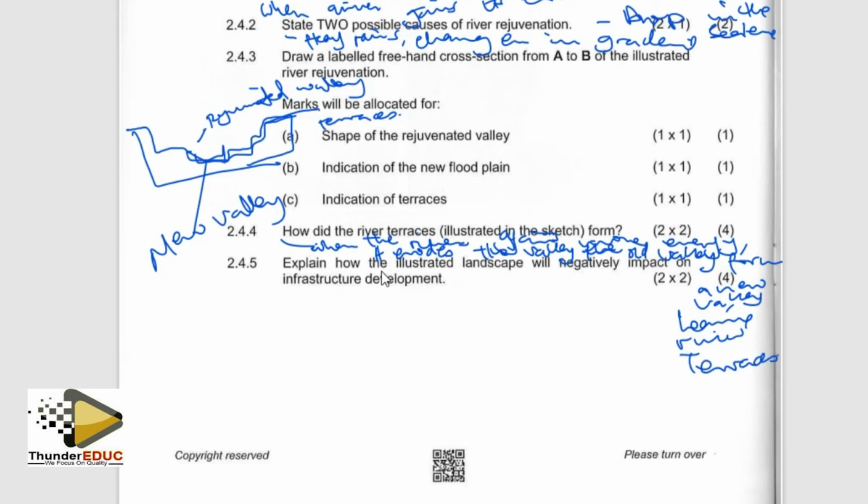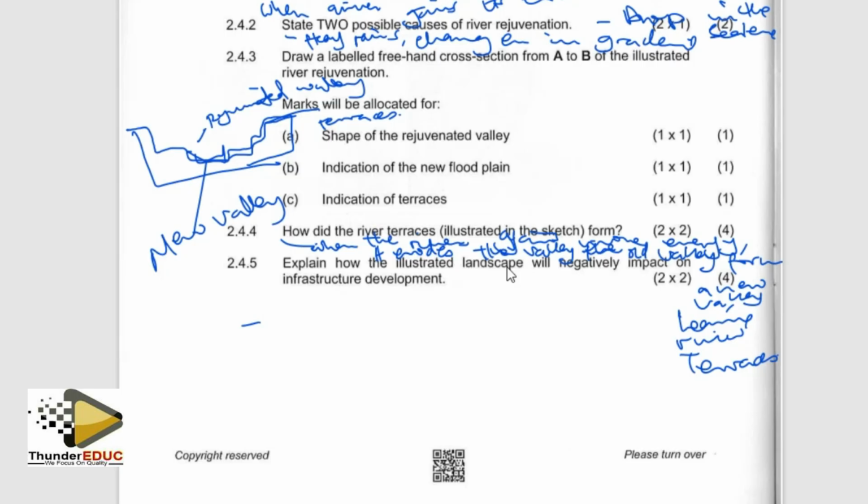Okay, let's go. 2.4.5. Explain how the illustrated landform will negatively impact on infrastructure development. That means if a valley is formed in another valley, it becomes very difficult for infrastructure to develop.